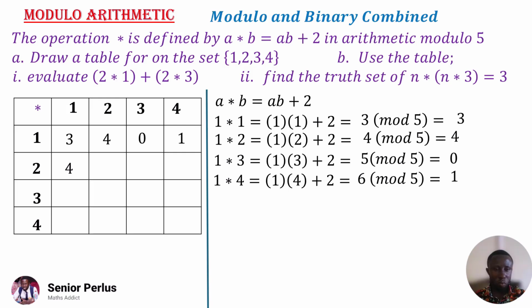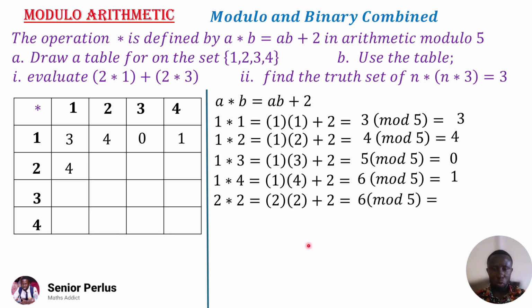And 2. So 2 star 1. You have 1 star 2 is 4, so meaning that 2 star 1 is 4. Okay, so I'll not do that thing again. 2 star 2, we don't have that one. So that's 2 times 2 plus 2.